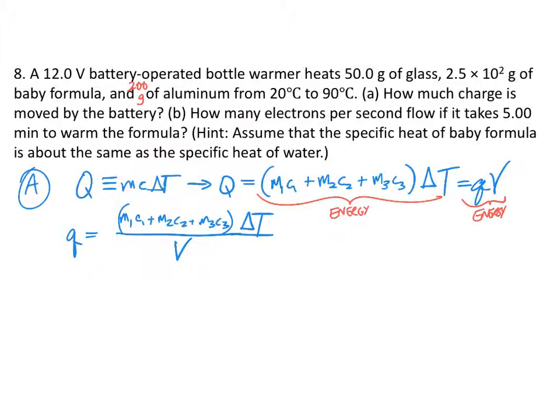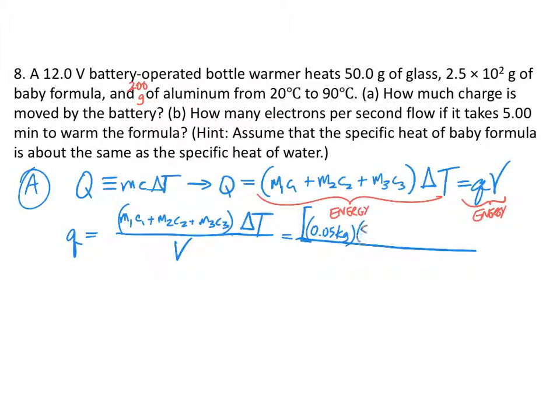Now, let's see here. Yeah, I can squeeze it in there. So M1, C1. There was 50 grams, which is going to be 0.05 kilograms for the glass part of the bottle.